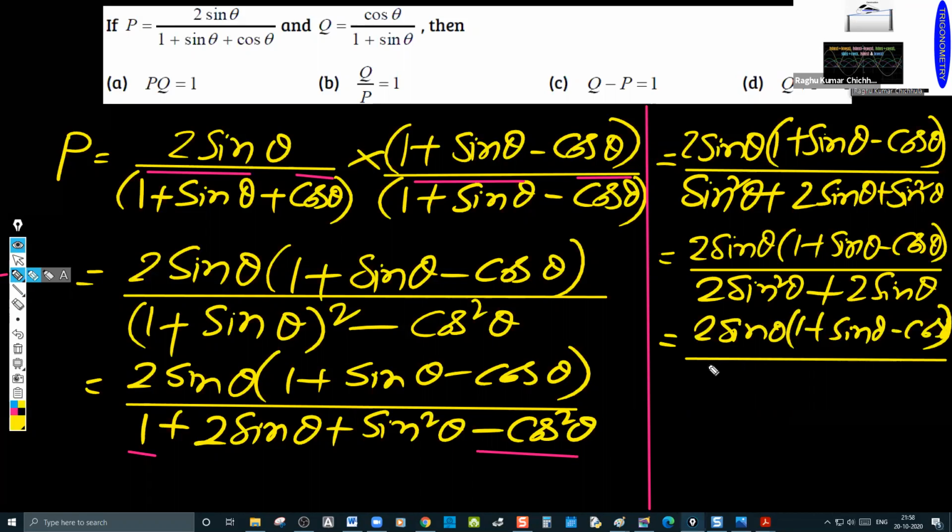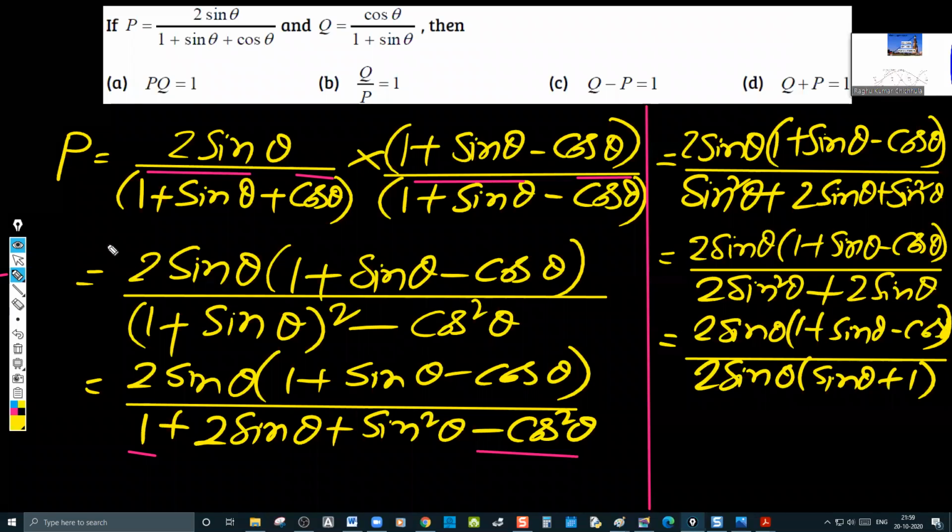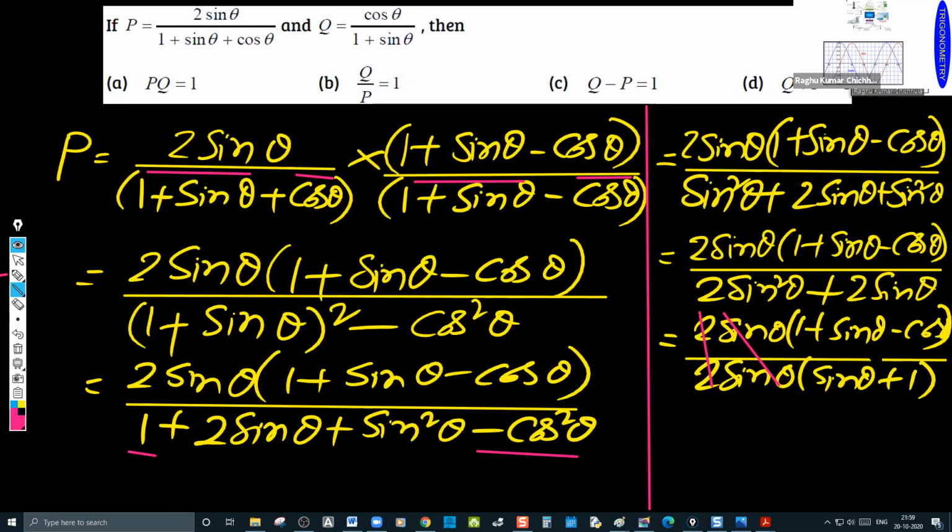Take 2 sin theta common, please. What do you get? Sin theta plus 1, correct or not? Yes, sir. What are the terms getting cancelled there now? 2 sin theta. That's getting cancelled. What else is remaining? 1 plus sin theta minus cos theta by 1 plus sin theta.